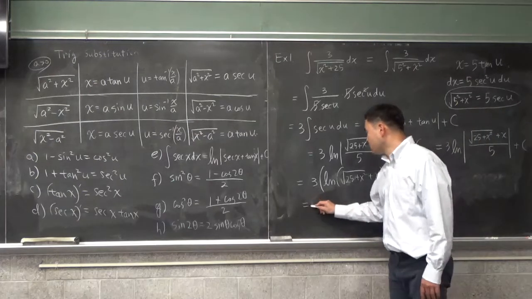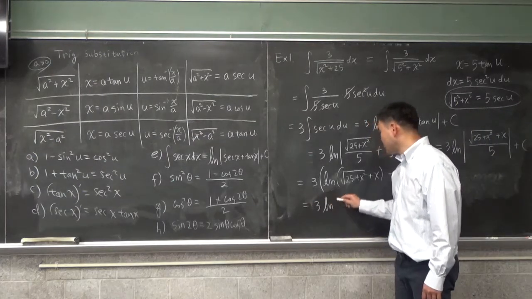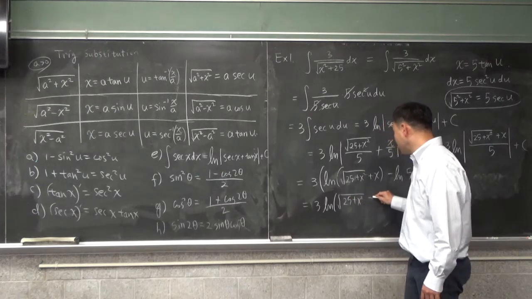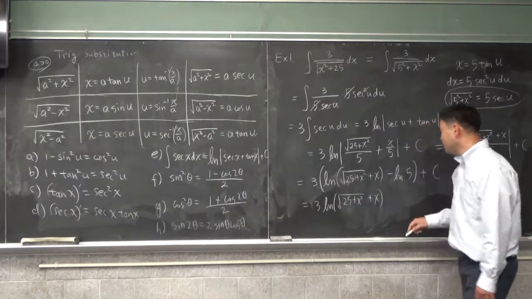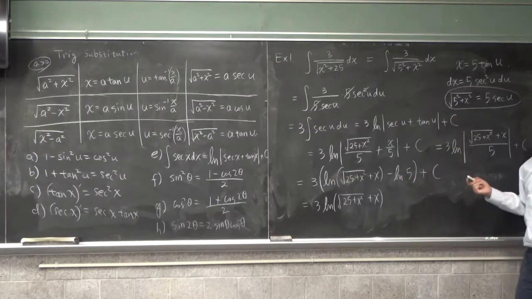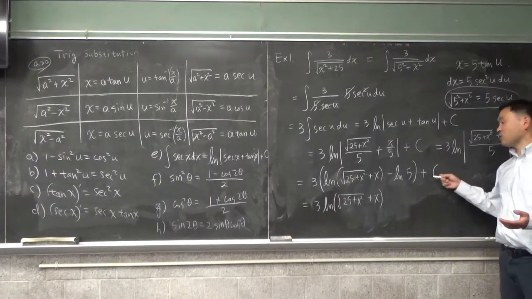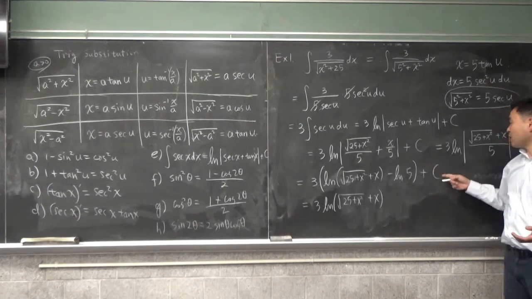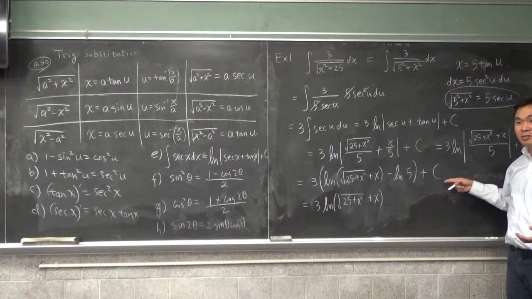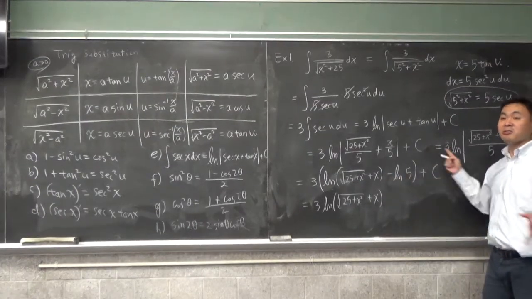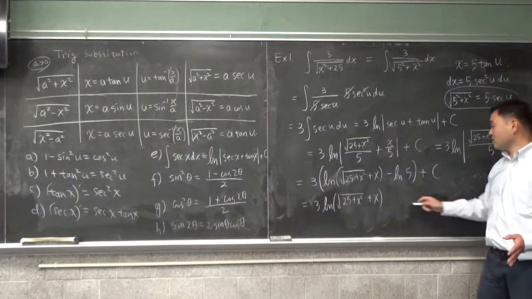So this becomes 3 times ln of square root of 25 plus x squared plus x. And then you have 3 times ln of 5, but that's some number, right? It's some number plus some arbitrary constant. So you can rename that arbitrary constant plus 3 times negative ln 5 as another arbitrary constant, c prime.